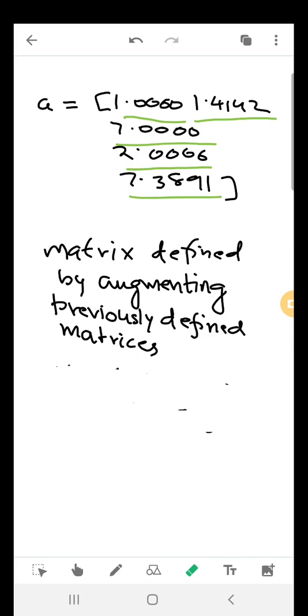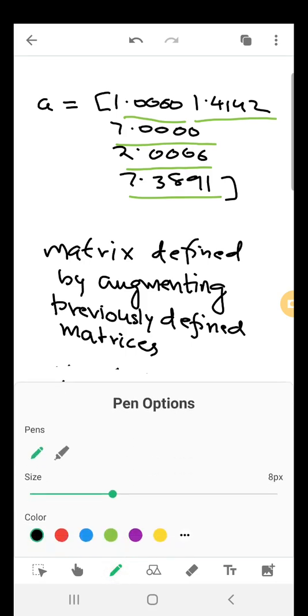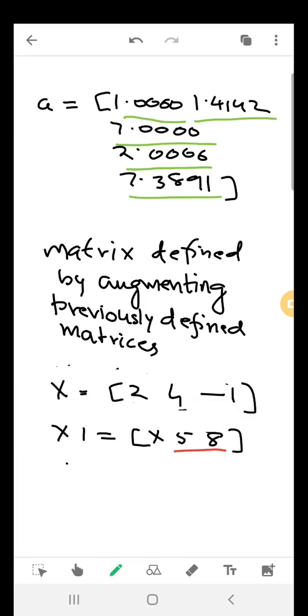Matrix X, let's say, is 2, 4, minus 1. So we write another matrix x1 as equal to x, 5, 8. What it will do is simply add these extra 2 elements at the end of it. So x1 then is the matrix 2, 4, minus 1, 5, 8.